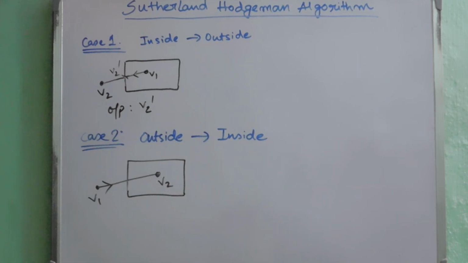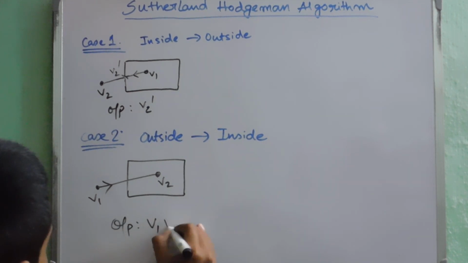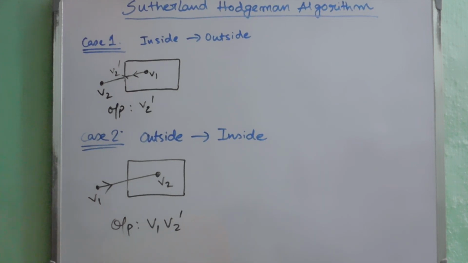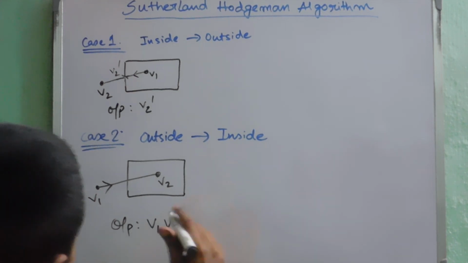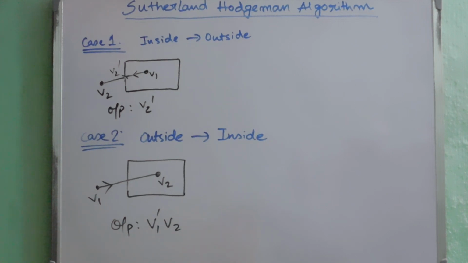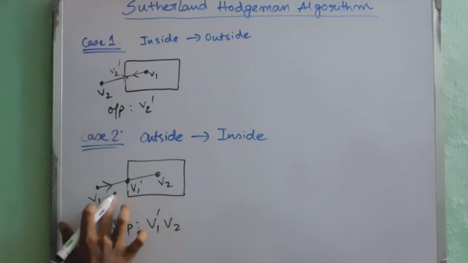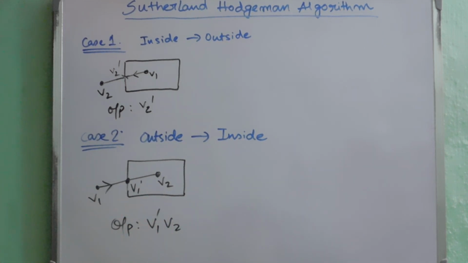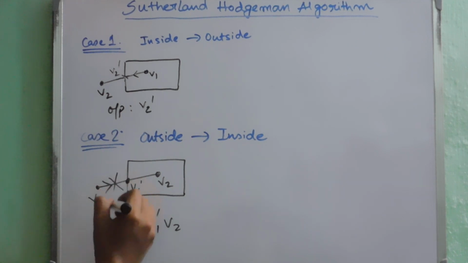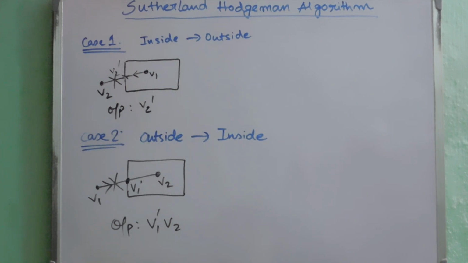In this case, our output will be V1 dash, V2. That means we update this intersection as V1 dash, and we reject the line V1 V1 dash. So this line will be rejected. This is our case 2.